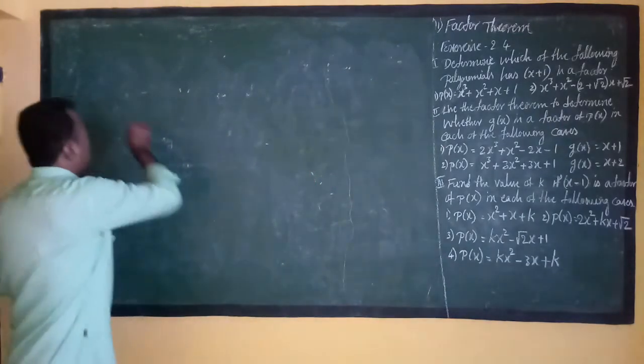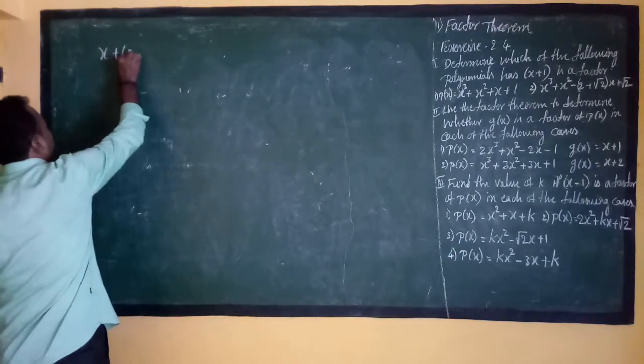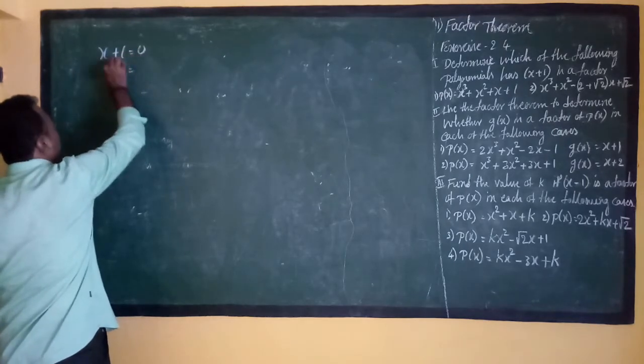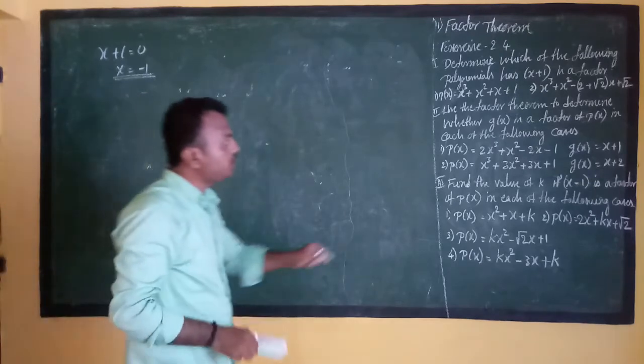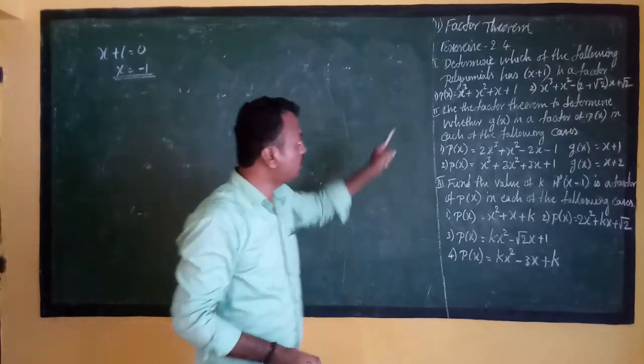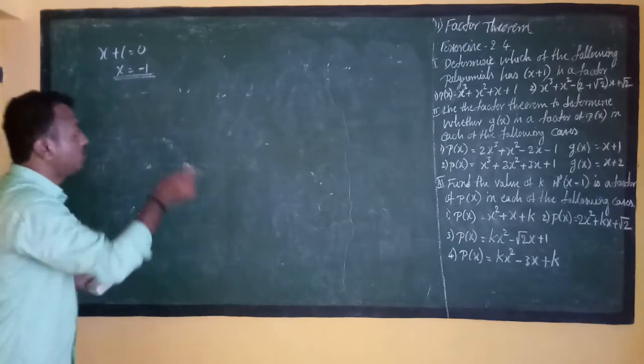So first, x plus 1 is a factor. That means x plus 1 is equal to 0, plus 1 becomes minus 1. This value is minus 1. This value we have to substitute in p of x. Okay students, this is x plus 1, p of x, first one. So I will show it.